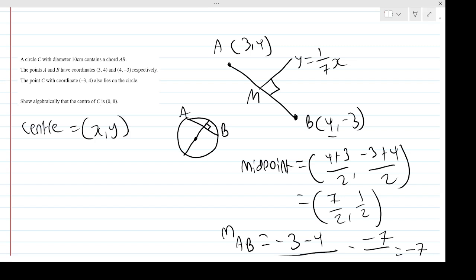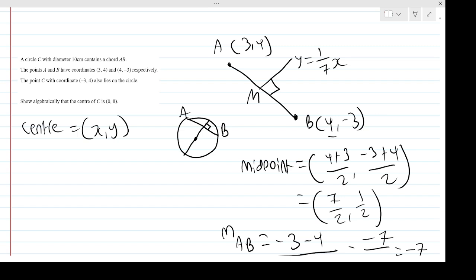We don't know what the x or y coordinate is. However, we know that the centre must be on this perpendicular bisector here, right? Yes, it must be on this line here.